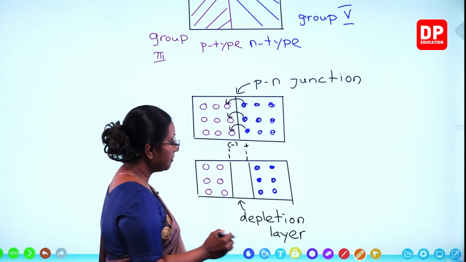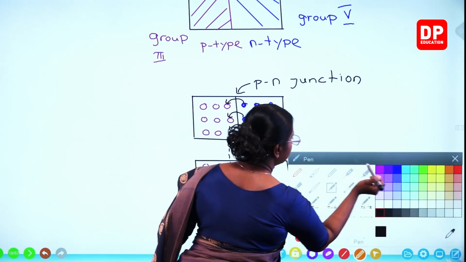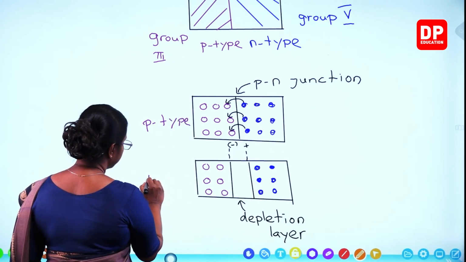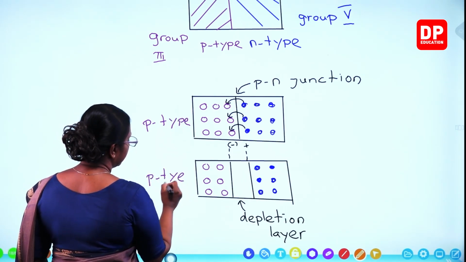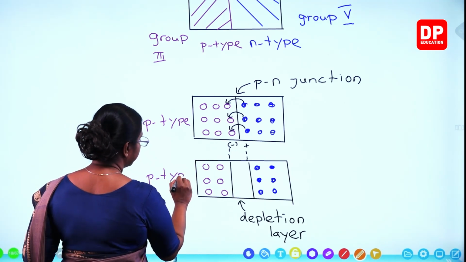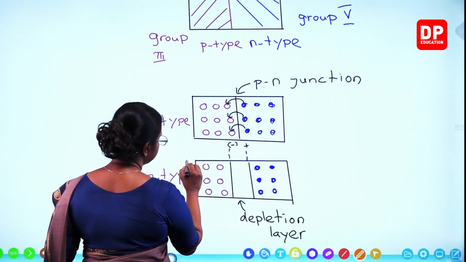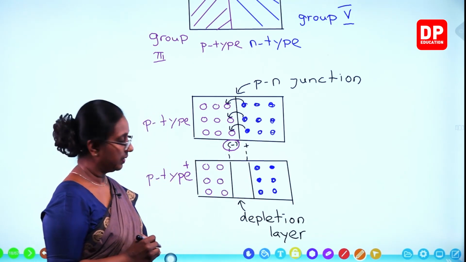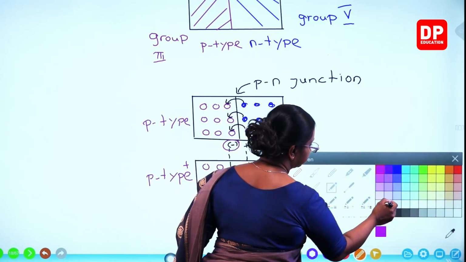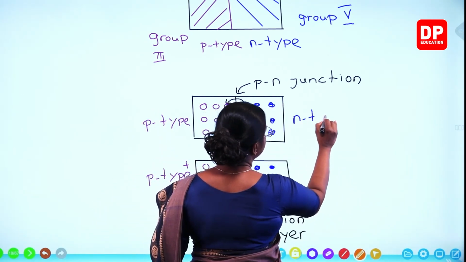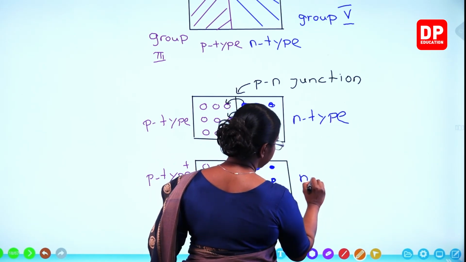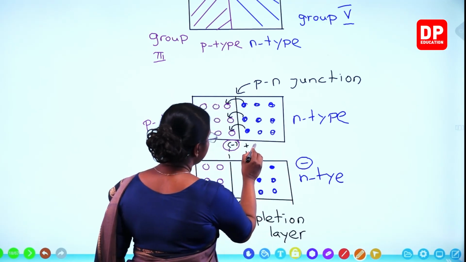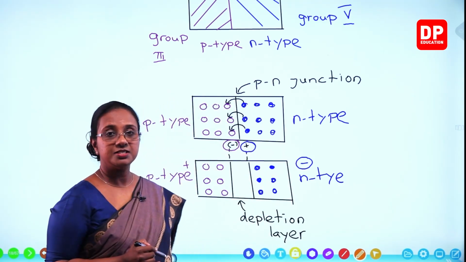So, the P type, this is P type, here also P type. P type is now connected. This is positive, is connected to negative there. And on this side, you can see N type, here also N type. That is the negative charge is now connected with positive charge there.